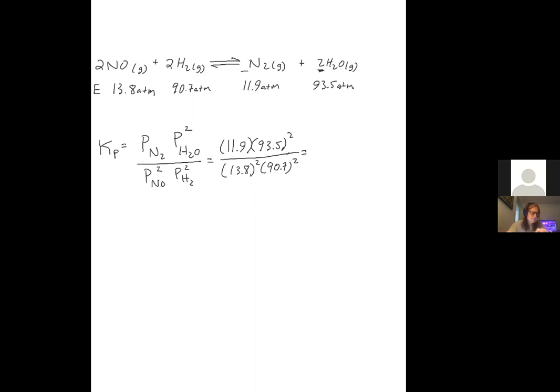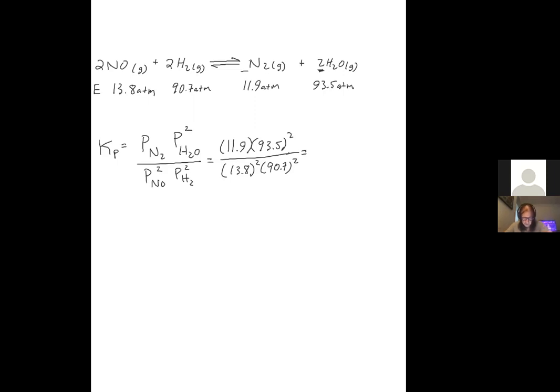So let's take a look. It's 11.9 times 93.5 squared divided by 13.8 squared divided by 90.7 squared.